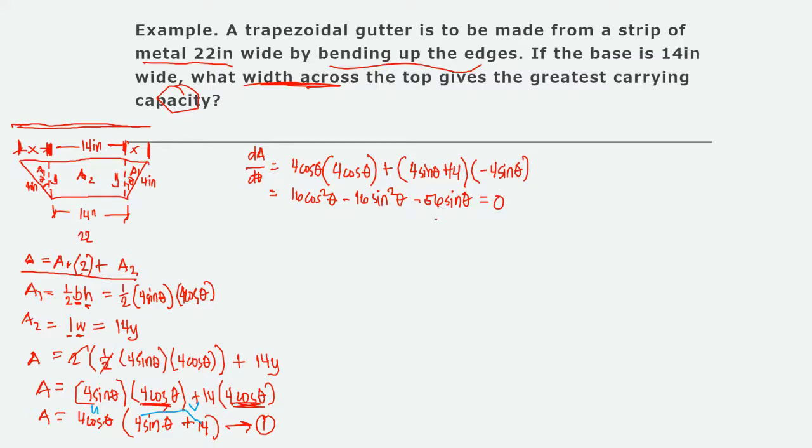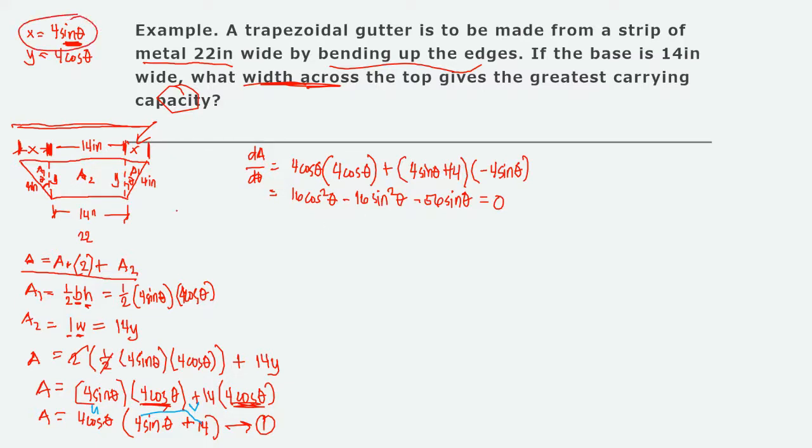Afterwards, we have to find, if you can recall, the value of our x is equivalent to 4 sine theta, and the value of our y is equivalent to 4 cos theta. And we need to find the value of x. So, to find the value of x, we need to find the value of sine theta, so that we can substitute that to this equation.